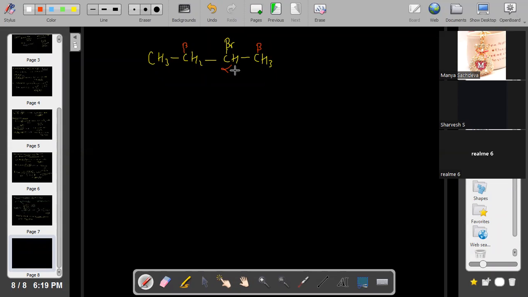In such a case, hydrogen can move out from this or this. There are two choices.